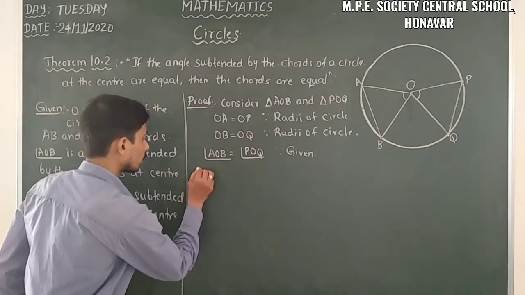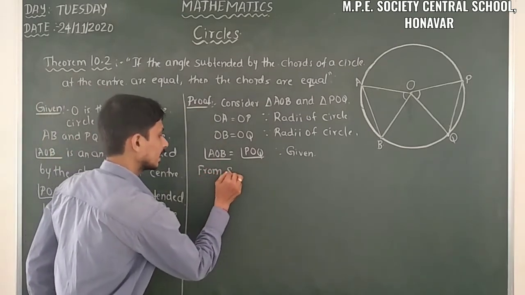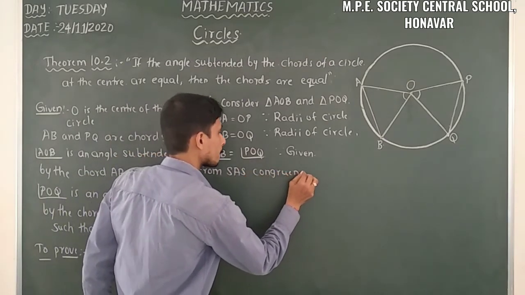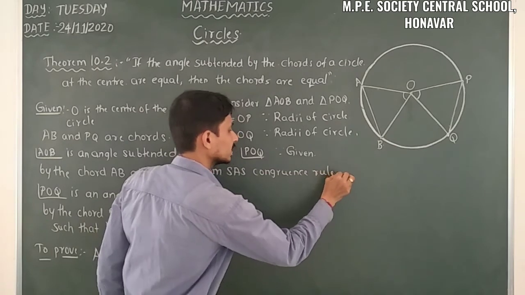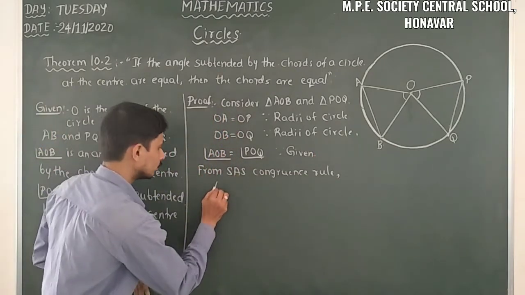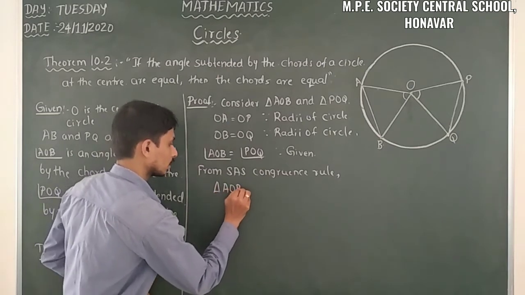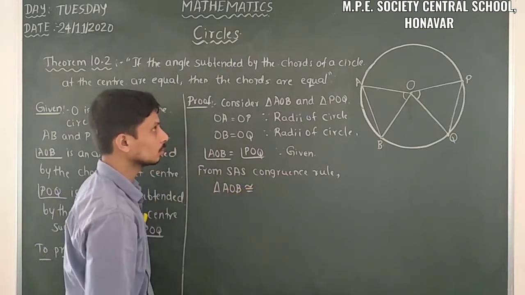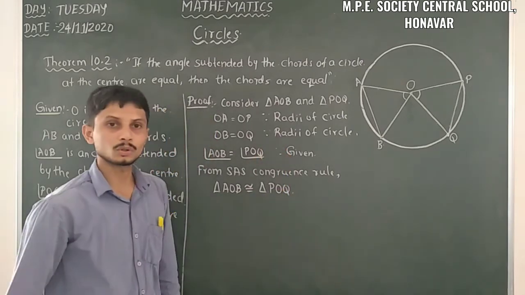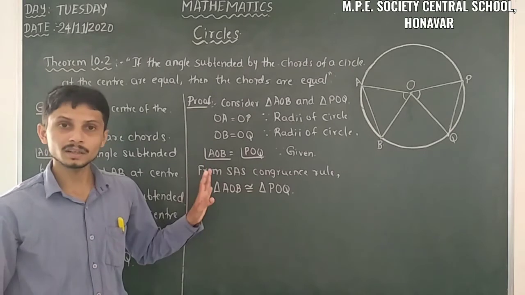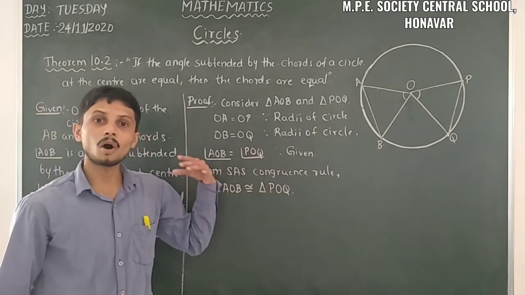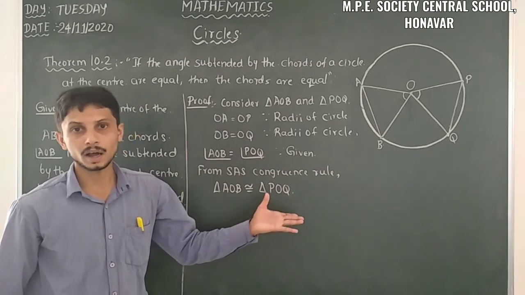If those two triangles are congruent, all the other corresponding parts are equal.